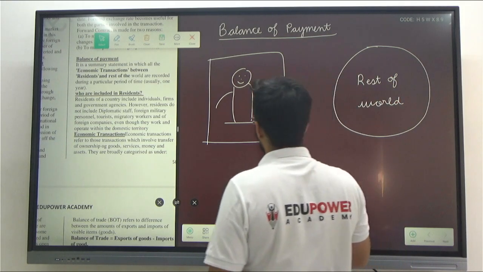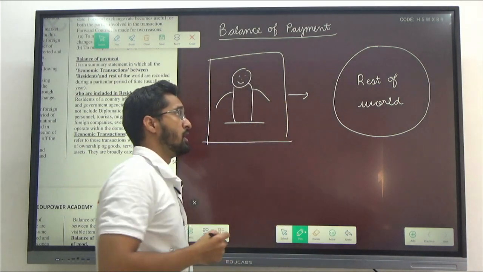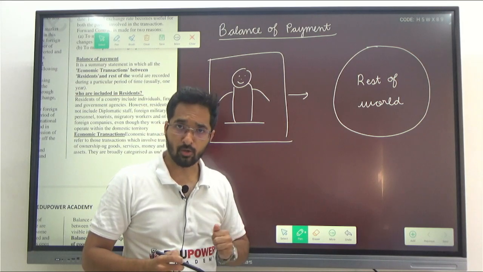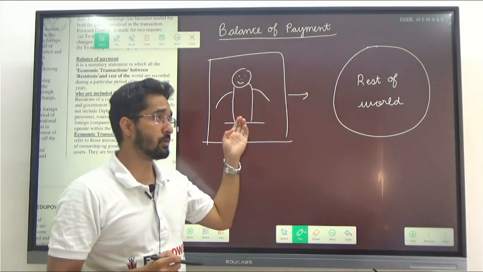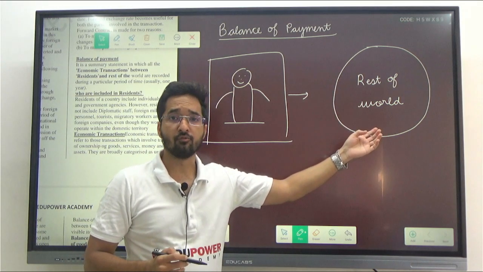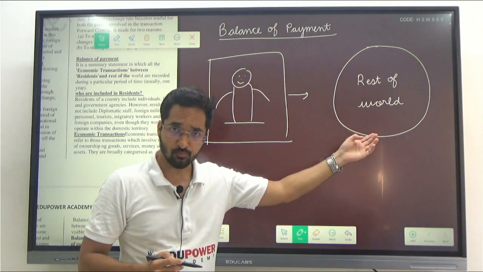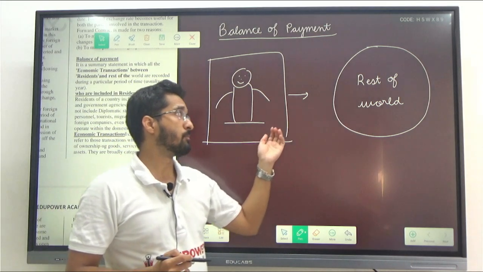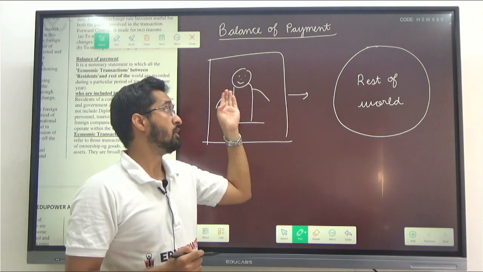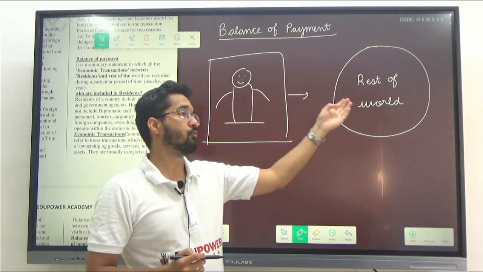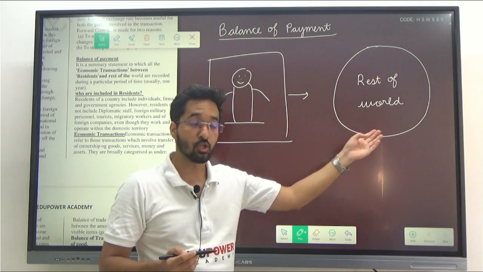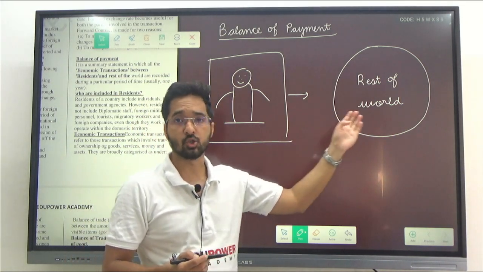For example, this person imports a certain luxury car, so that is an economic transaction. Or this person exports something to the rest of the world, then it will come under economic transactions. Or the child of this person studies in USA and he sends fees for his child, that will be another economic transaction between this person and the rest of the world.